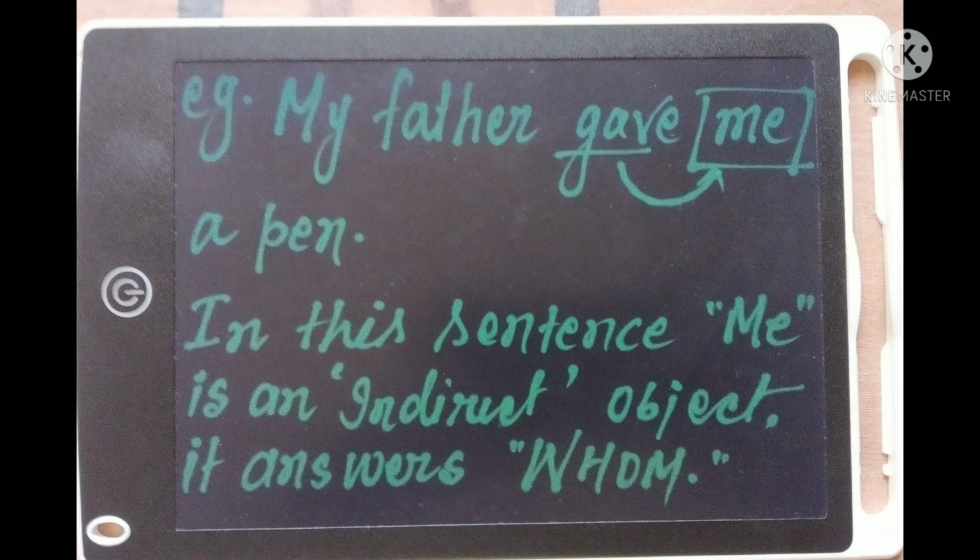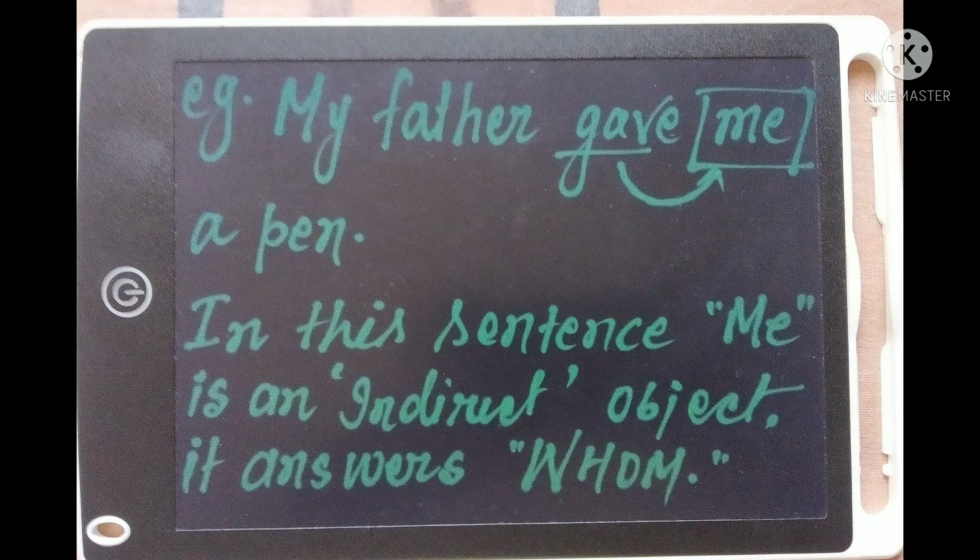Okay, so a very easy trick to identify an indirect object. First, it will be a living thing; me is a living thing. Next, it will come first in the sentence; me is coming first in the sentence as an object. And later on, it is answering the question to whom or whom.